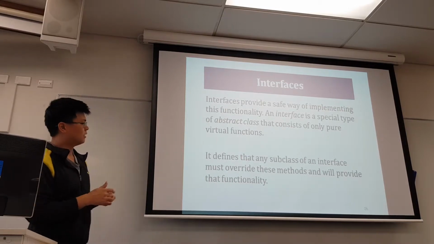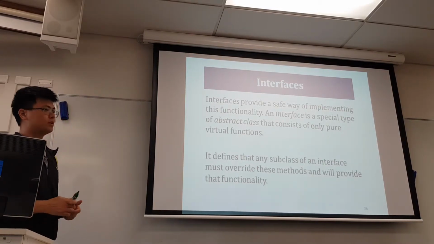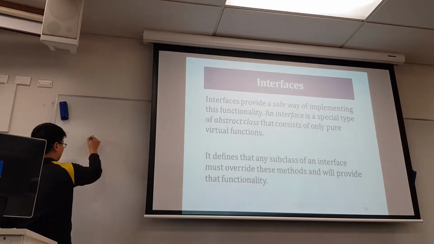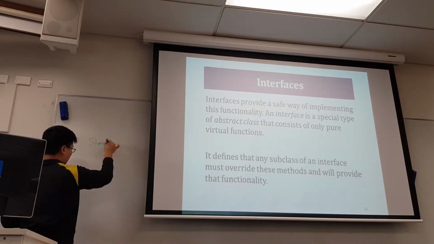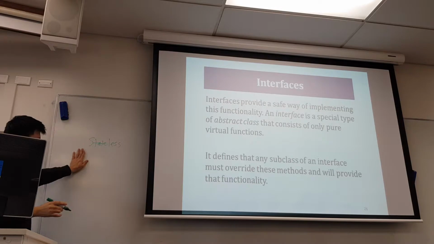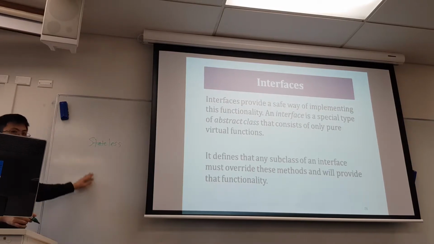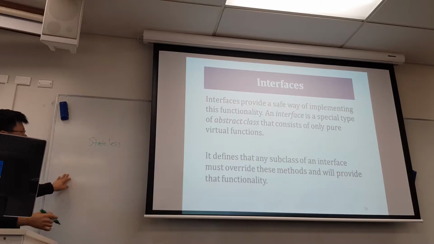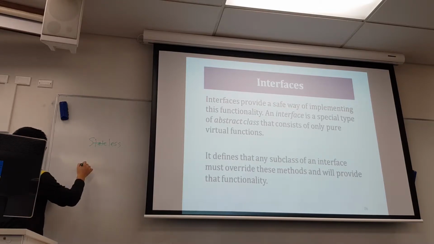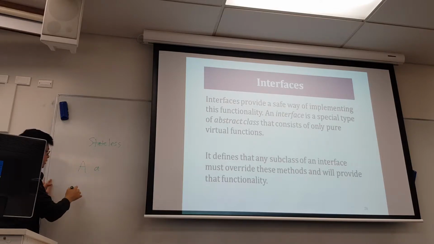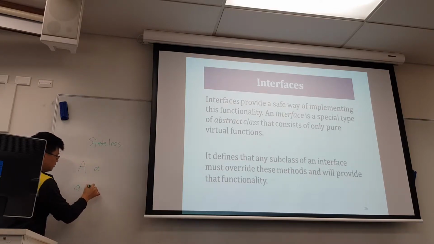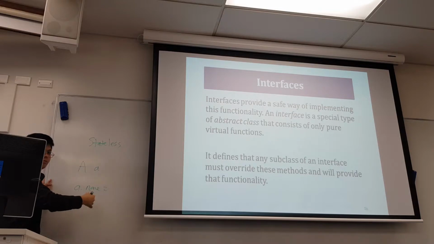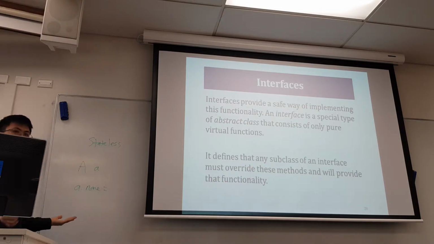So the concept of interface is that it is stateless. Meaning that it is immutable, it's unchangeable. So when you have an instance of a class A, and then you can change something from it, A dot name equals, or A dot setName something, you can change a property of that.